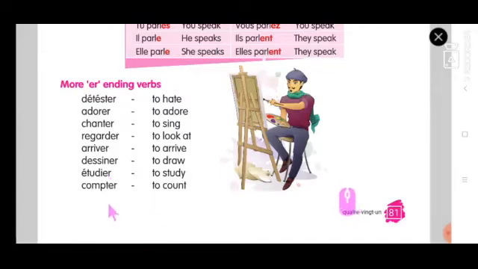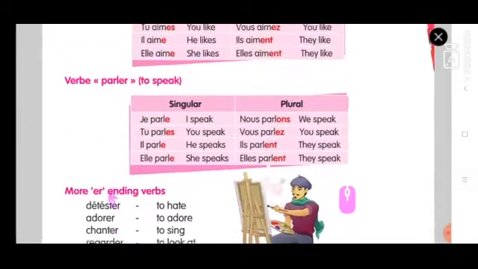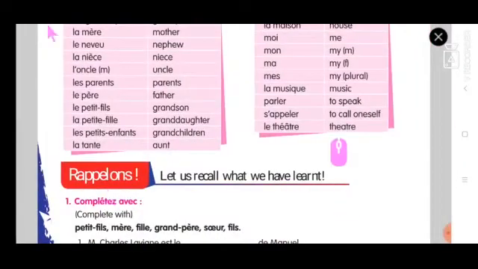The last one is compte, comptons, compter. So if you know the 3 sounds, you will be able to read all the subjects and their verbs. So now we'll get into exercise number 2.